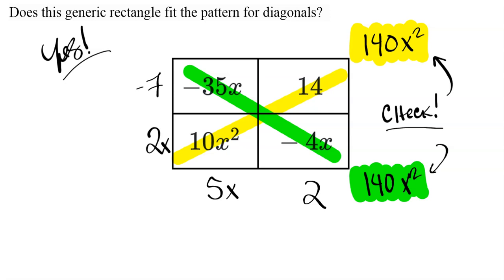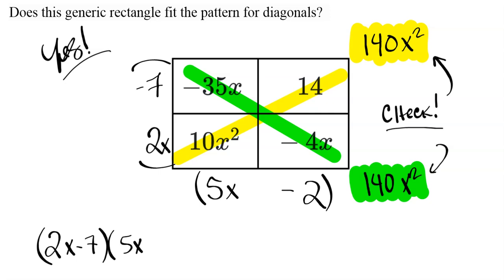If we put the negative here and a negative here, we get our negative 2 times 2x is negative 4. So this is just kind of how we can factor this out. Okay, so we get 2x minus 7 times 5x minus 2, just to kind of get some practice in.